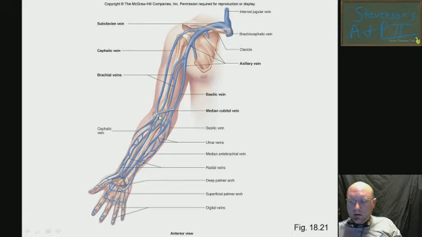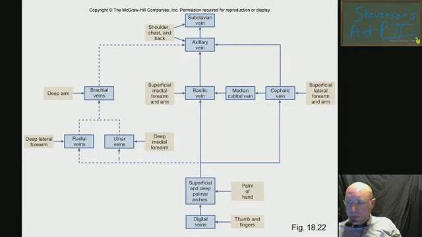You have lots of veins in the lower arm and in the hand: digital veins, the palmar arches. Make sure you know the subclavian, the axillary vein, and the brachial veins more so than the others, but definitely understand where the other ones are and what they are: digital veins, superficial and deep palmar veins, radial veins, ulnar veins, radius, ulna.